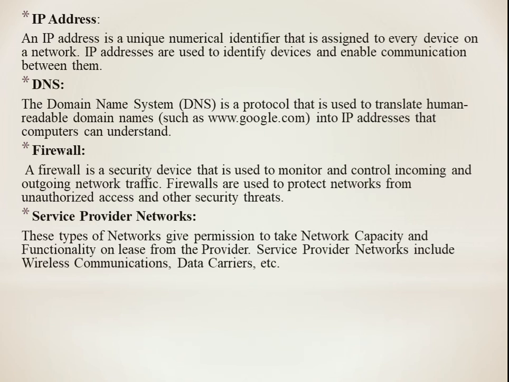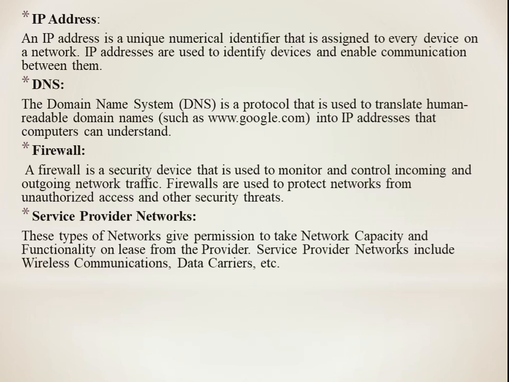It may be about 128 bits or something like that, but it is big, and we can't remember it. For that they have provided a shortcut using HTTP. So when we type on the search bar http colon double slash then google.com, we are directly connected to Google's server, Google's website.